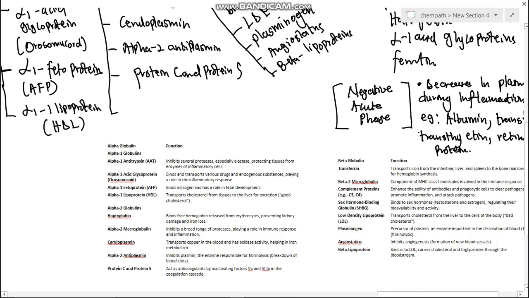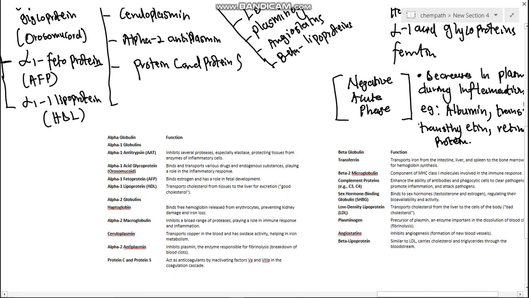We have alpha 1 acid glycoprotein or orosomucoid. It binds and transports various drugs and endogenous substances. Endogenous substances are chemical substances primarily produced by the body itself, whereas xenobiotics are drugs or other external chemical substances introduced into the body. It also plays a role in inflammatory response.